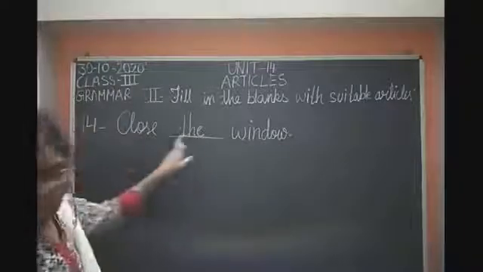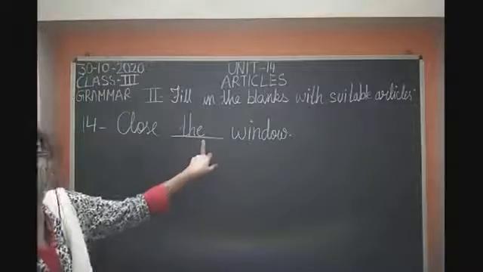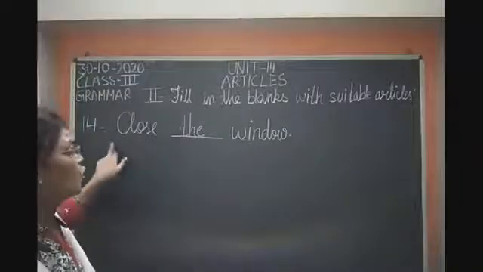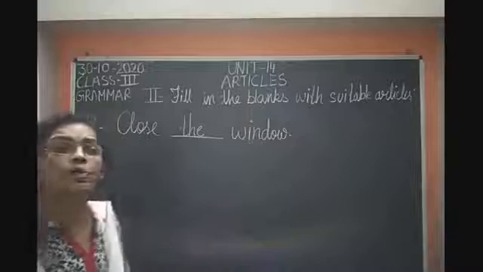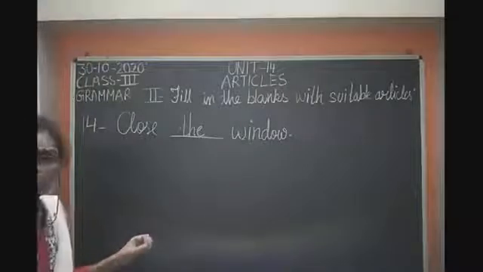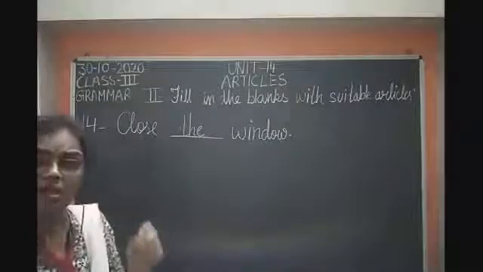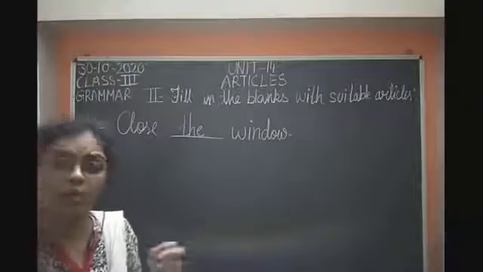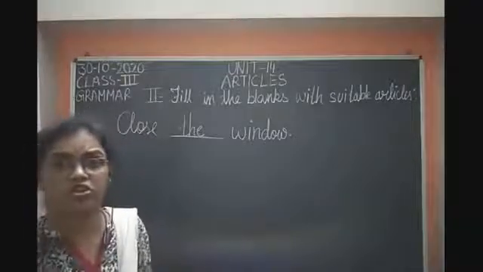So please write the in the 14th line. Close the window. Fine. So you need to keep in mind कि definite article the कहाँ use होता है? Before the name of rivers, mountain ranges, है ना?